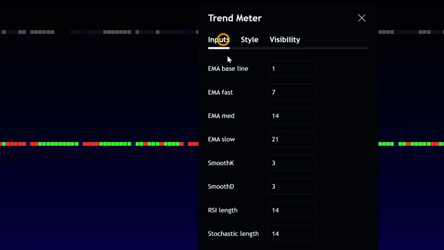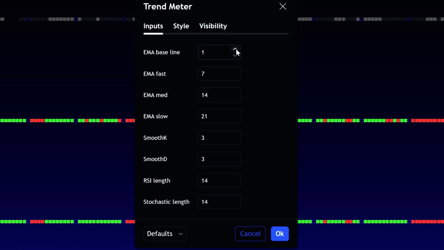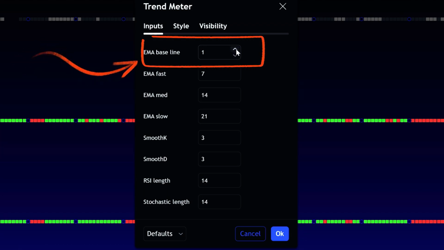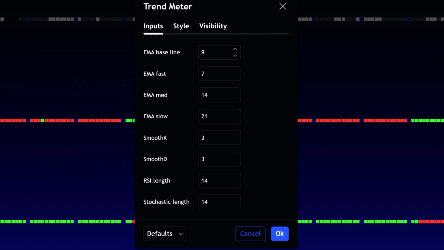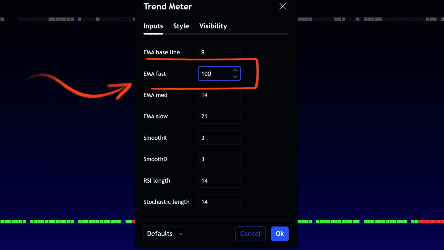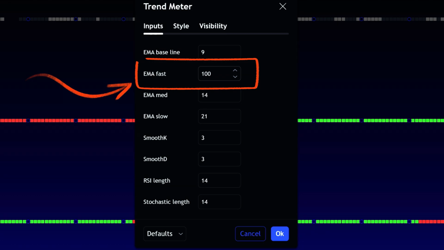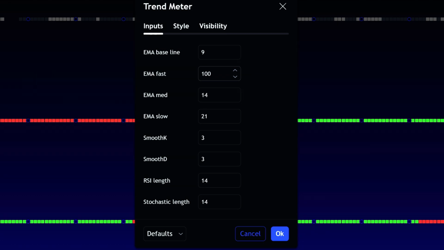In the settings, change the EMA baseline to 9. Then set EMA fast to 100 and leave the EMA medium as is.